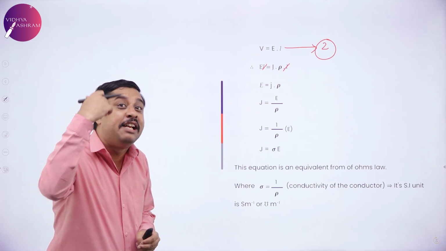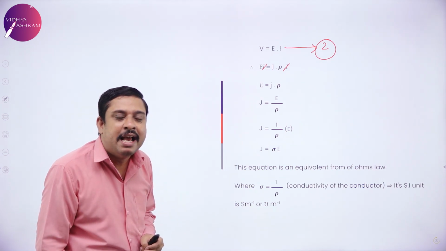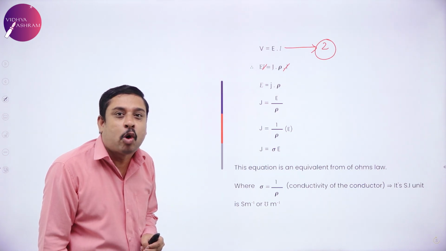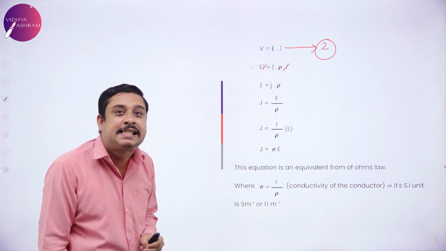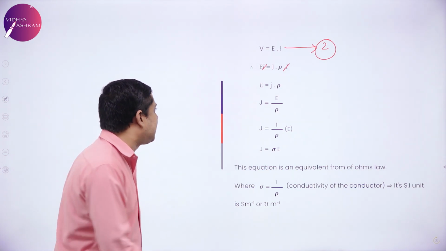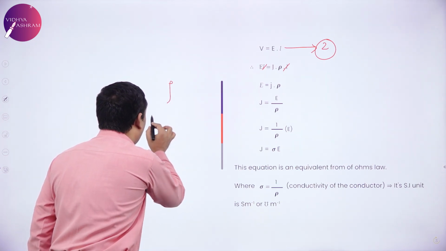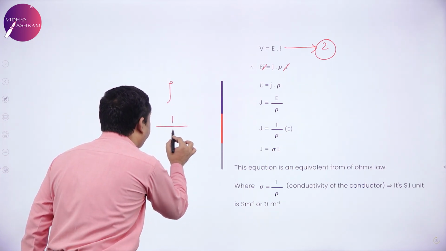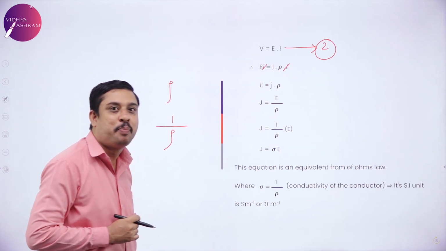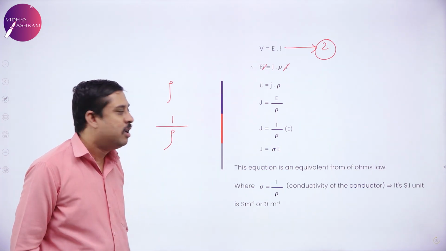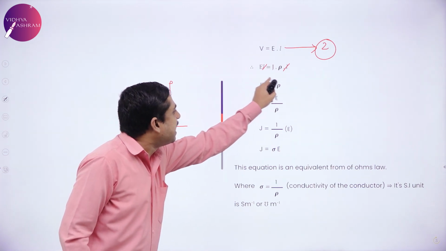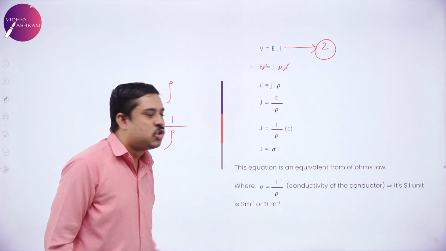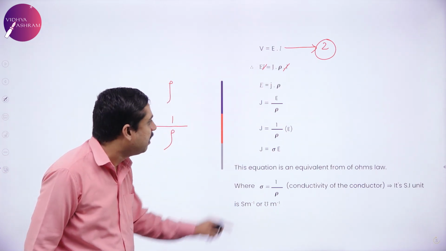And how did I define conductivity? As a reciprocal of resistivity. Resistivity was rho, and the reciprocal of resistivity should be 1 by rho. Somewhere, can I arrange this term to get 1 by rho?